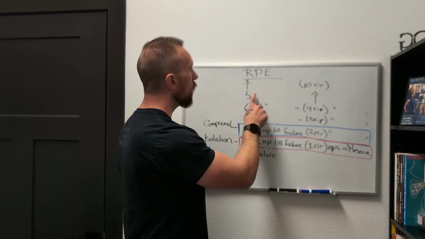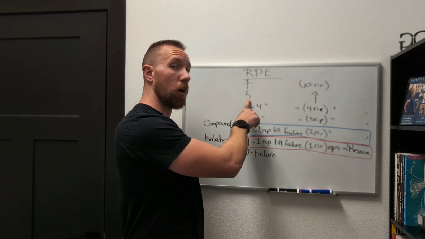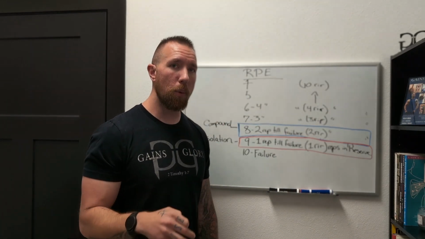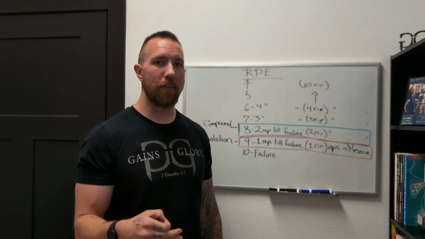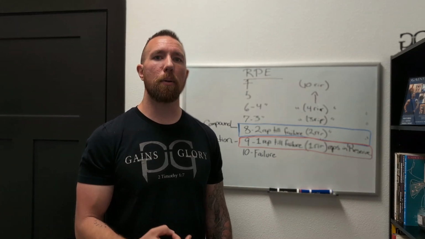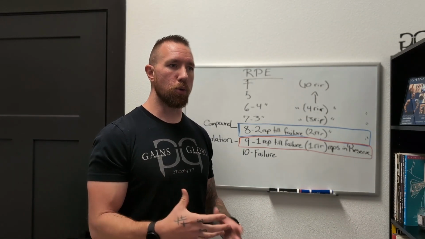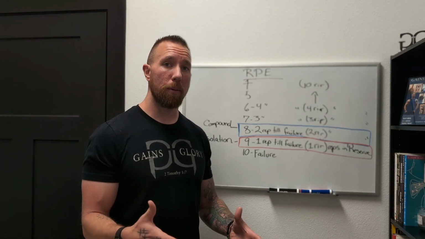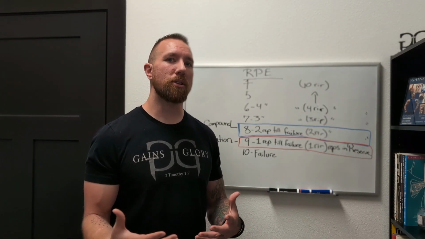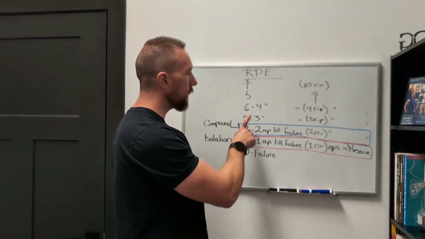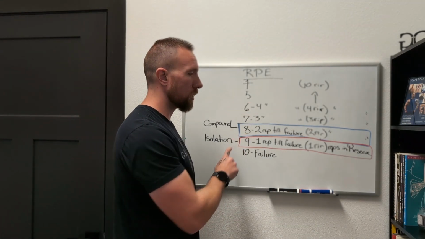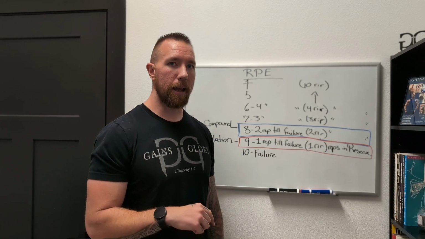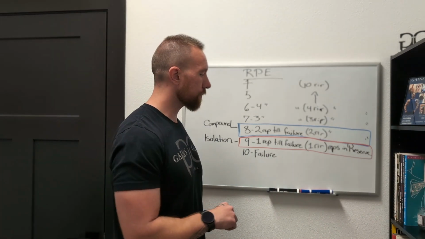Following our scale, we know that would put us at a 5 RPE, which means even though the weight may feel heavy, it's not heavy enough to create the proper amount of stimulus in order to grow the muscle. It's not saying that it's not an exercise or that it won't help, but we're not going to get as much stimulus as we could if we loaded that bar a little bit heavier and pushed ourselves a little bit more uncomfortably into that 8 RPE.